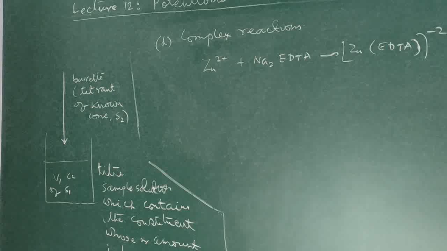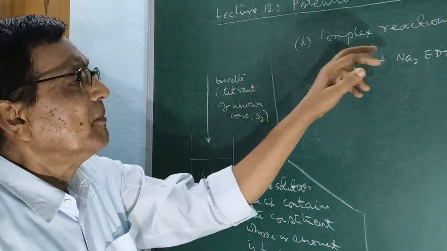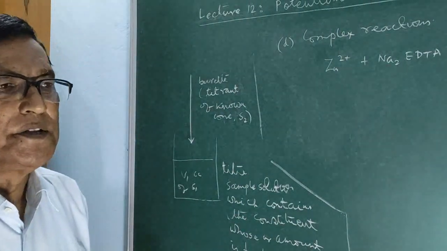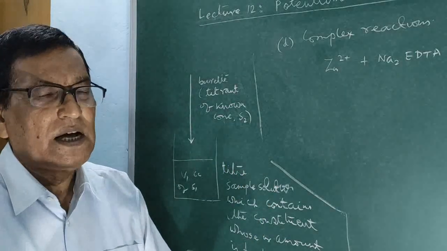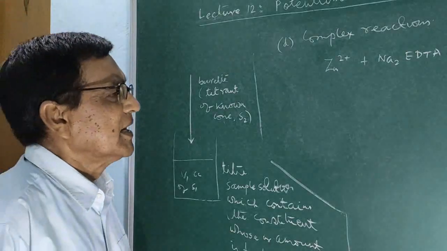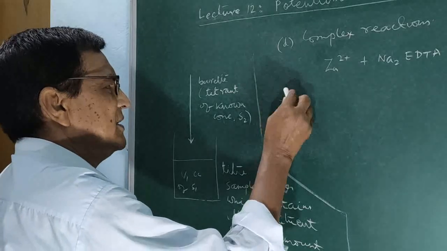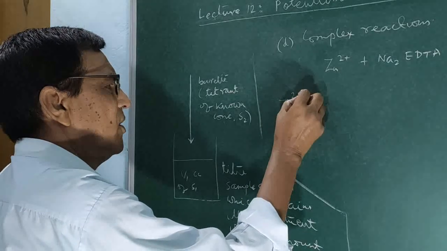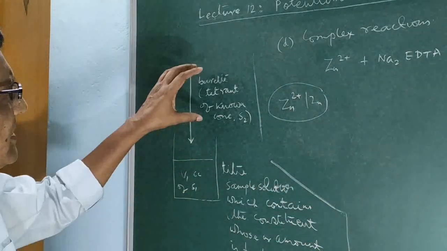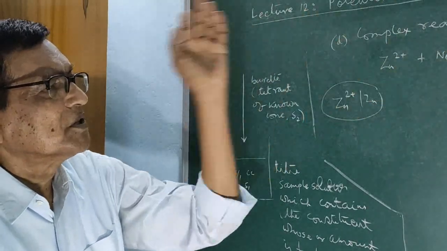The last one, I can also illustrate potentiometric titrations on the basis of a complex reaction. Suppose we would like to estimate the zinc ion in a sample solution. Then I shall take Zn2 plus oblique Zn as the indicator electrode, and in the burette I shall use the disodium salt of EDTA.